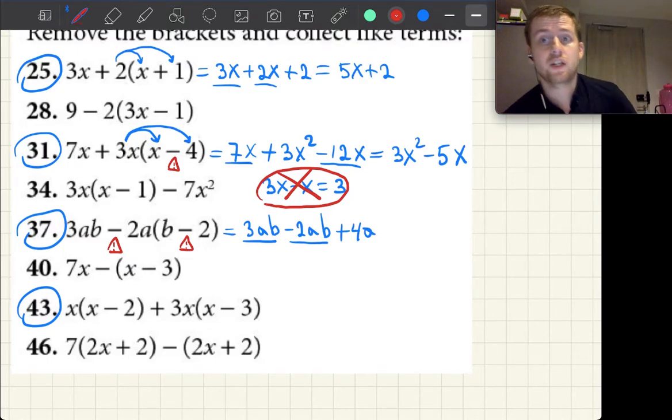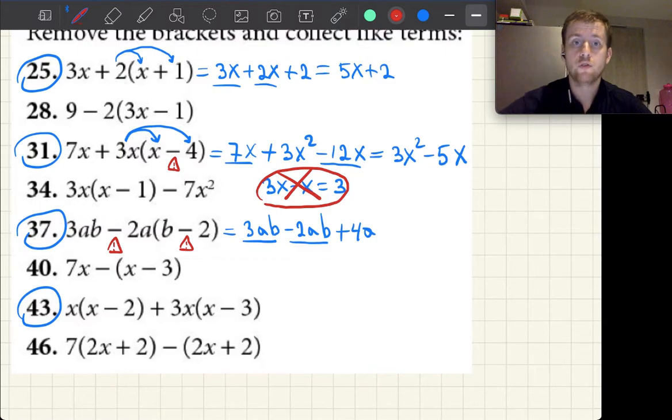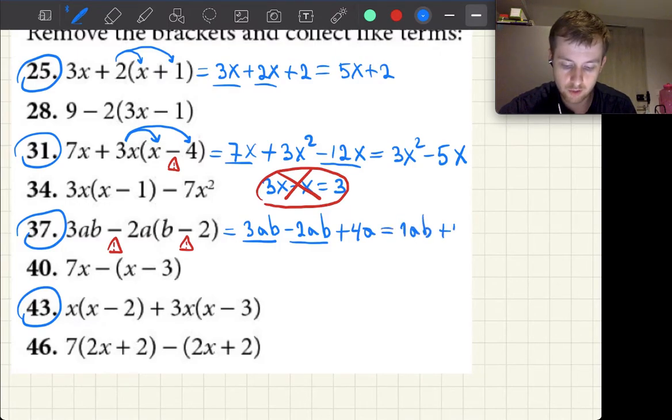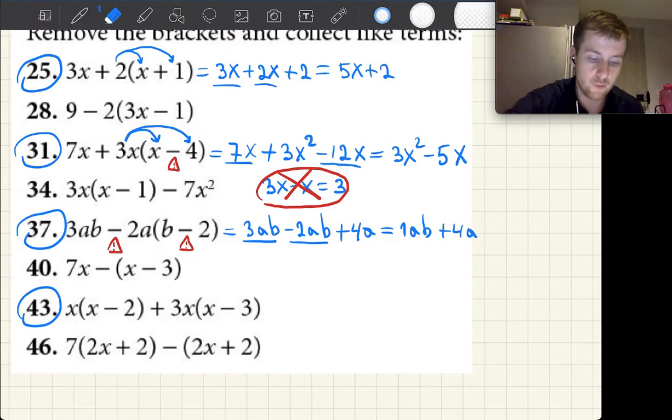It works like 3 apples minus 1 apple, right? So it's not equal to 3, it's actually equal to 2x. Not 3, right? So keep that in mind. Anyway, 3ab minus 2ab equals ab. So 1ab plus 4a. Normally we don't write the 1, so we just write it as ab.